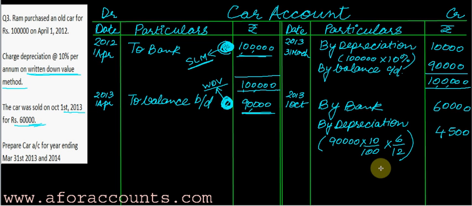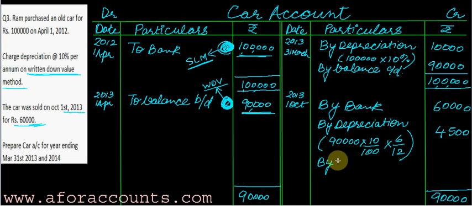Okay, and the balance will be either profit or loss on sale of the car. So my total here comes to 90,000, and I have a loss, since it is a credit side balance, so it has to be a loss.